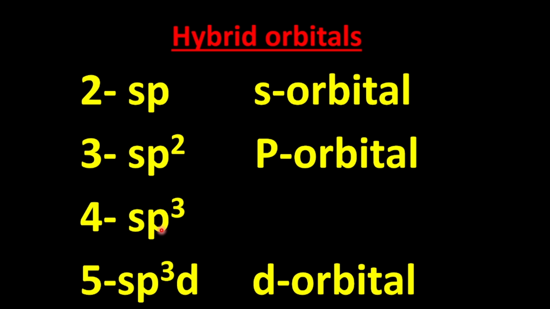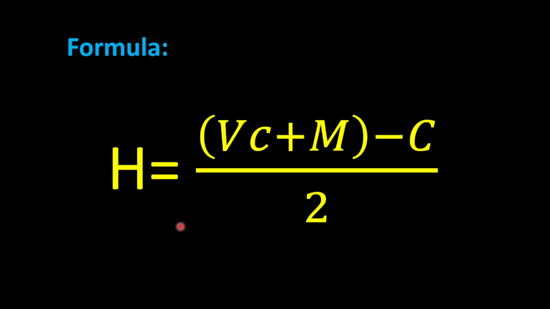A number equal to 3 is sp2. Number 4 is sp3 hybridized. Getting a number 5 means sp3d. Are you ready? Let's see how we can apply this formula.